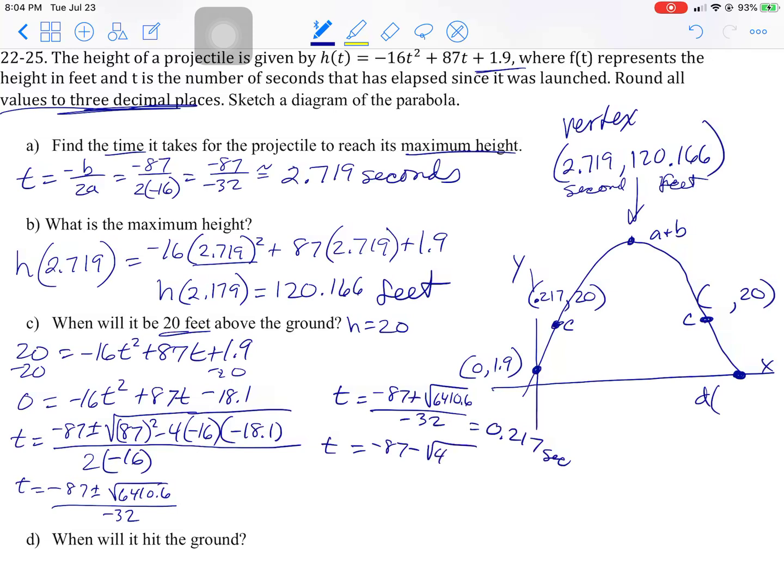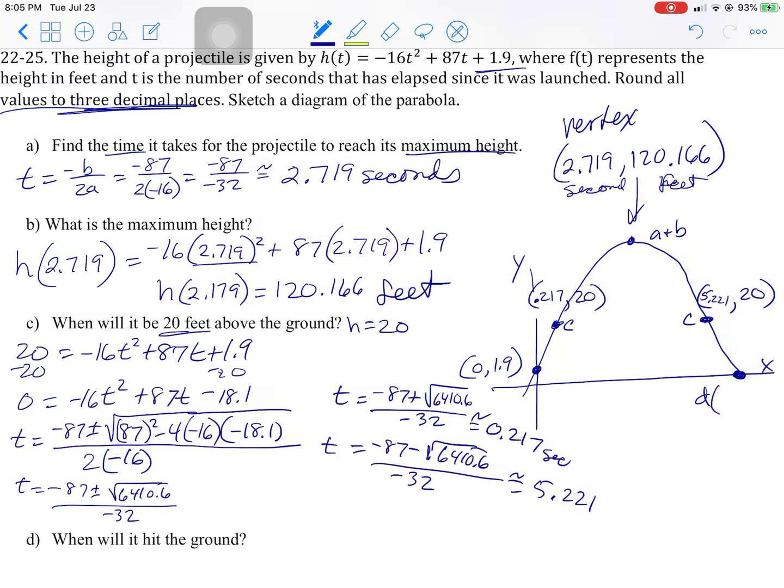Let's find the other one. All right, this one comes out, if you crunch it out right, to approximately 5.221.